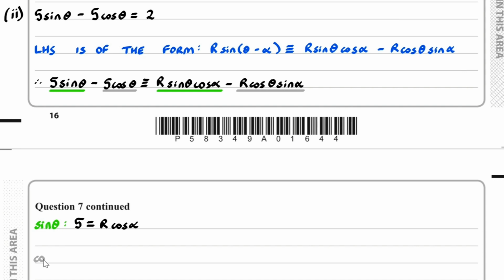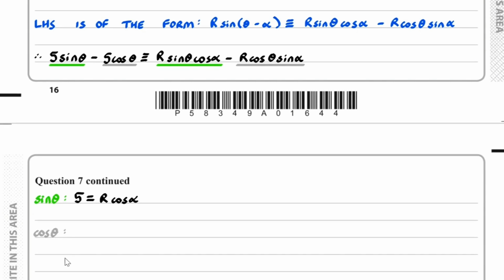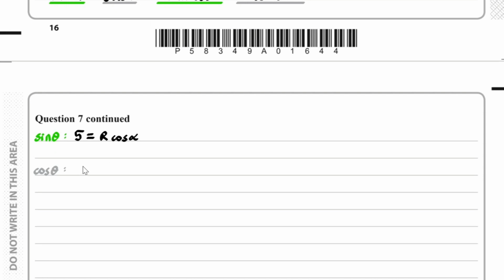So comparing the cos thetas, we have 5 equals r sin alpha. And so dividing these equations by each other, sin alpha divided by cos alpha is tan alpha, and the r's cancel, and 5 divided by 5 is 1. tan alpha is 1, alpha is 45 degrees.